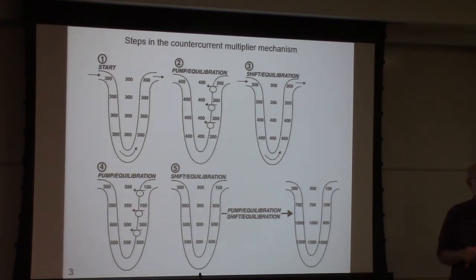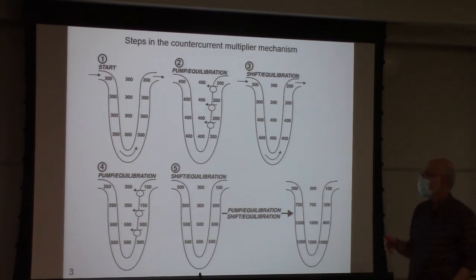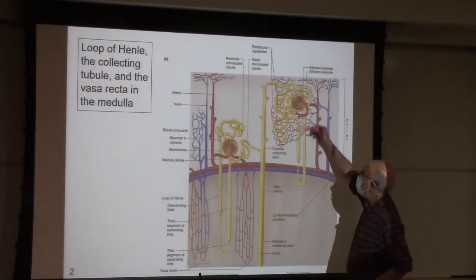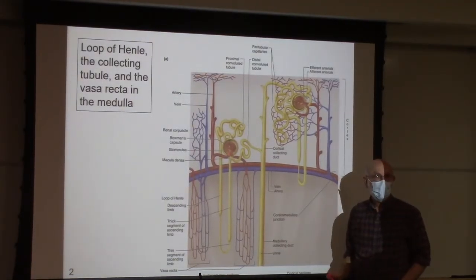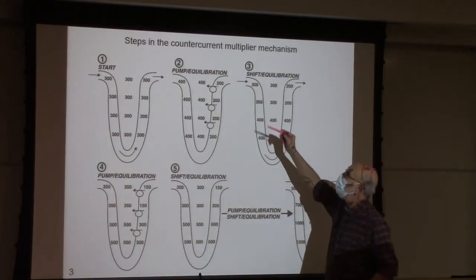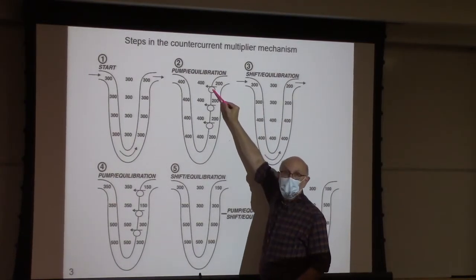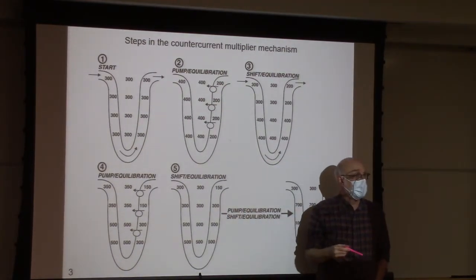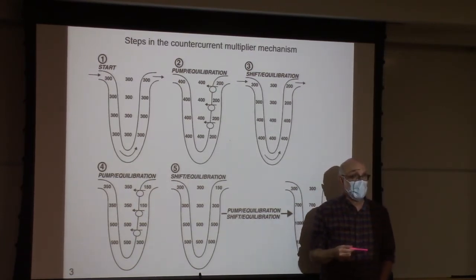Other questions? So what I want you to take away from this is that the loop of Henle, shallow and deep loop of Henle, use this countercurrent multiplier mechanism, combining pumping. Remember, embedded in this pump is the sodium-potassium ATPase on the basolateral membrane and the sodium-potassium 2-chloride cotransporter on the apical membrane.